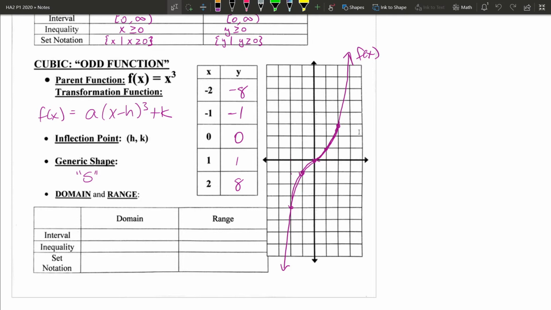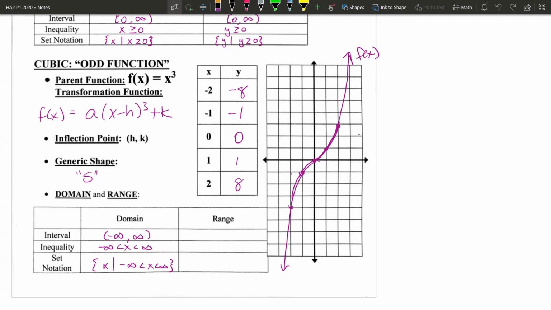The intervals for this are nice and convenient for the domain and range, right? Because it goes x to negative infinity, x to positive infinity. That one's easy. Negative infinity, positive infinity. Negative infinity less than x less than infinity. x such that negative infinity less than x less than infinity, in set-builder brackets.